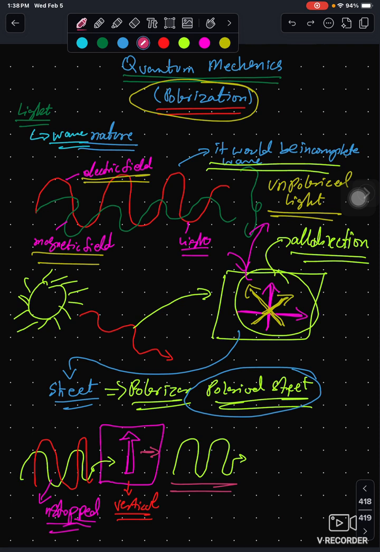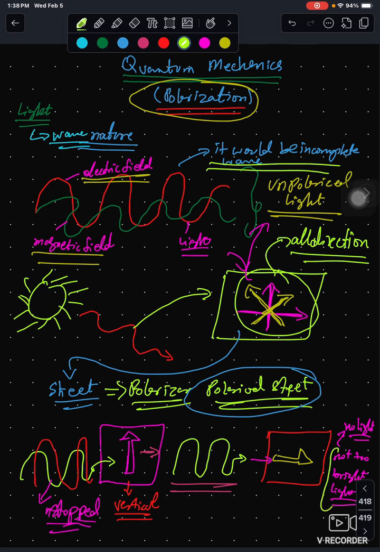Now if we have another polarizer with horizontal orientation and this light goes through it, what we see in the end is no bright light, or in layman's words, no light, though there will be some light, of course.